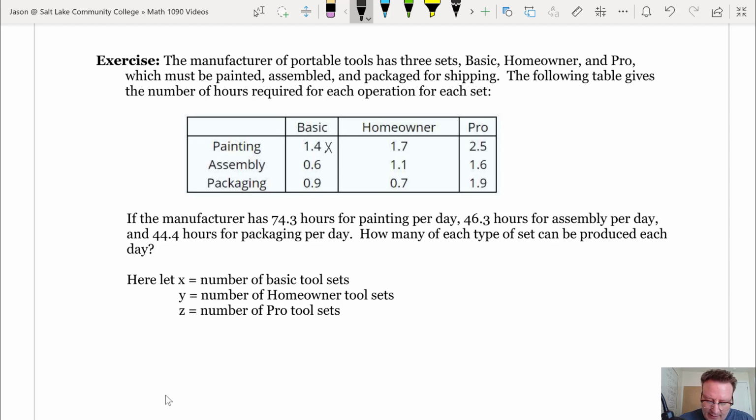And then 1.7 times y, because this is the x column, the y column, the z column, that's going to give me the number of hours I need to paint all of the homeowner tool sets. And then 2.5 times z, that's going to give me the number of hours I need to paint z professional tool sets, right?